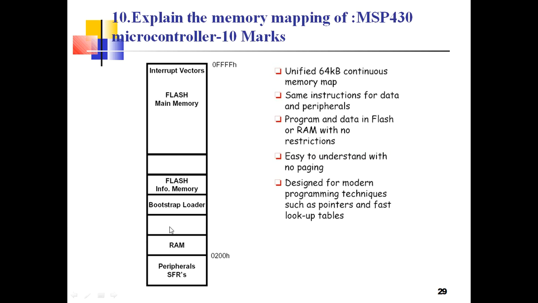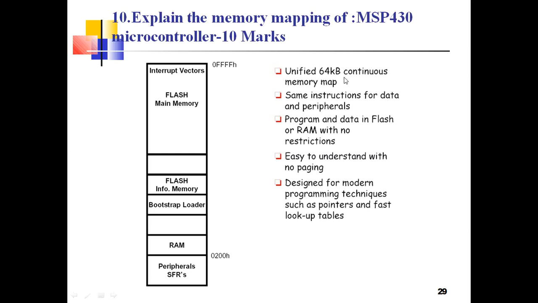After that RAM, I kept this to extend your RAM for the different versions of the MSP430. After that you have the bootstrap loaders. Next you have the flash information memory. Again I kept blank to extend your flash memories up to the remaining sizes, and finally interrupt vectors, which is flash main memory.